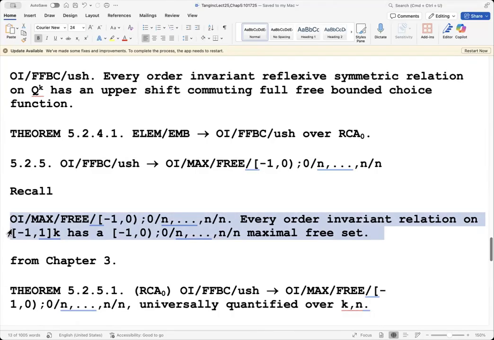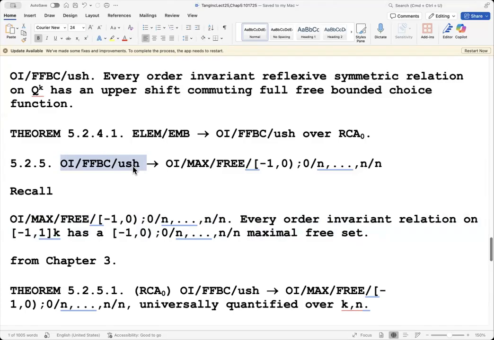So I just picked my favorite one for this purpose, namely this one here in chapter 3. And I want to prove this statement using this.